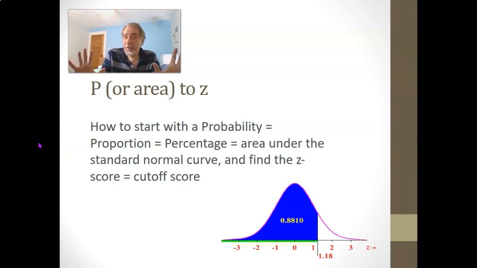In the previous video, I showed you how to do the kind of problem where you're going from z to p. You're starting with a range of z values and you're finding the probability or the percentage or the area.